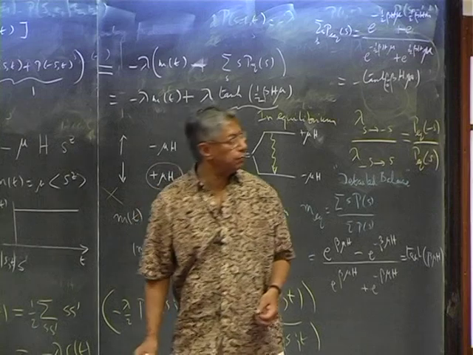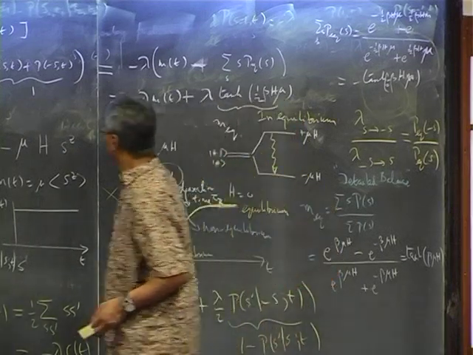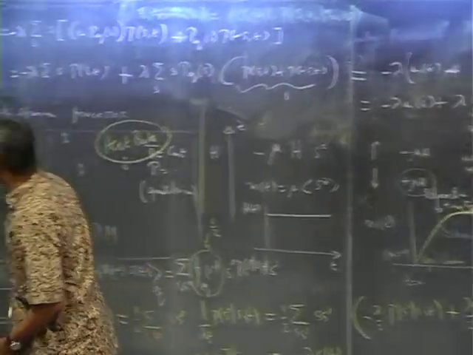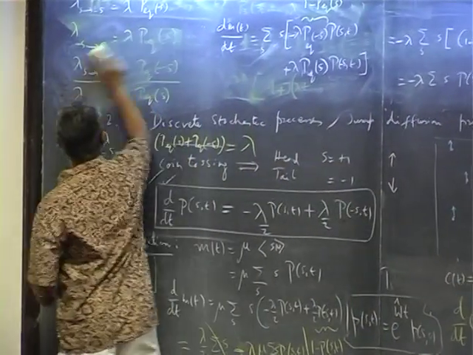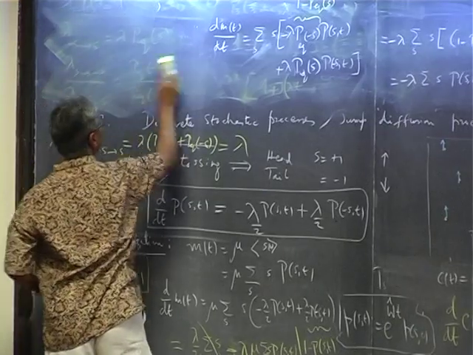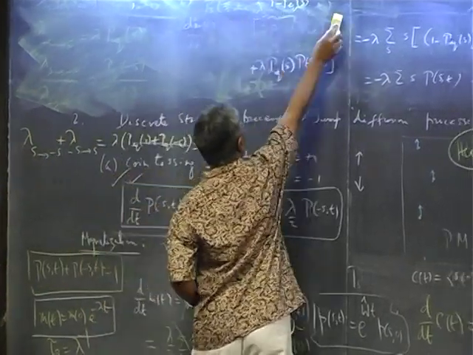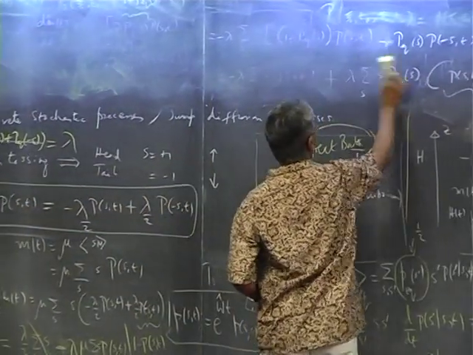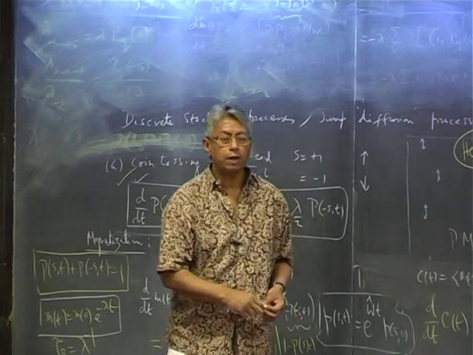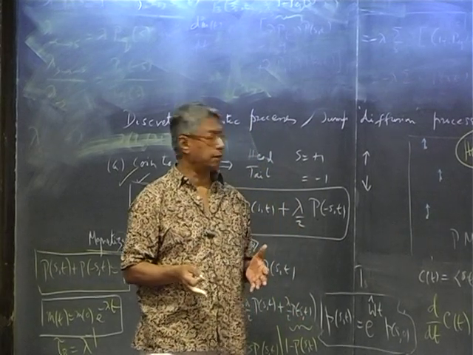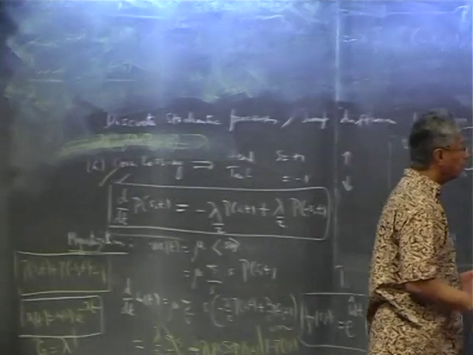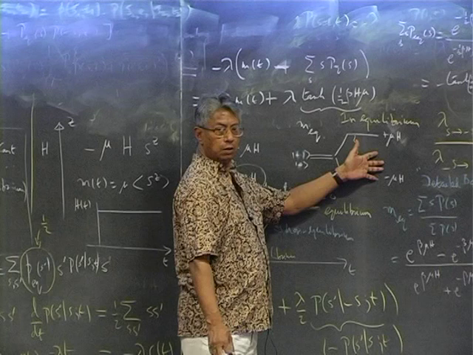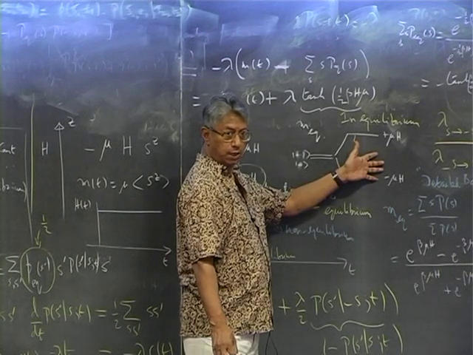Now, I have 10 minutes. So let me tell you what I'm going to do tomorrow and perhaps the day after. You can get away by doing phenomenological classical theory because you really did not go into the micro details of transitions from one state to the other.